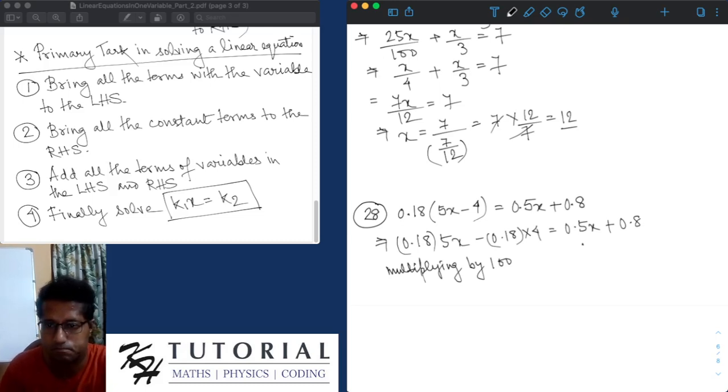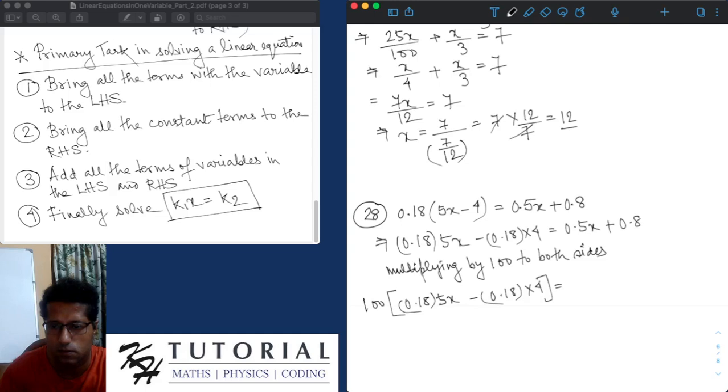Multiplying by 100 to both sides, it becomes 100 times 0.18 into 5x minus 0.18 into 4 equals 100 multiplied with the RHS, that is 0.5x plus 0.8.